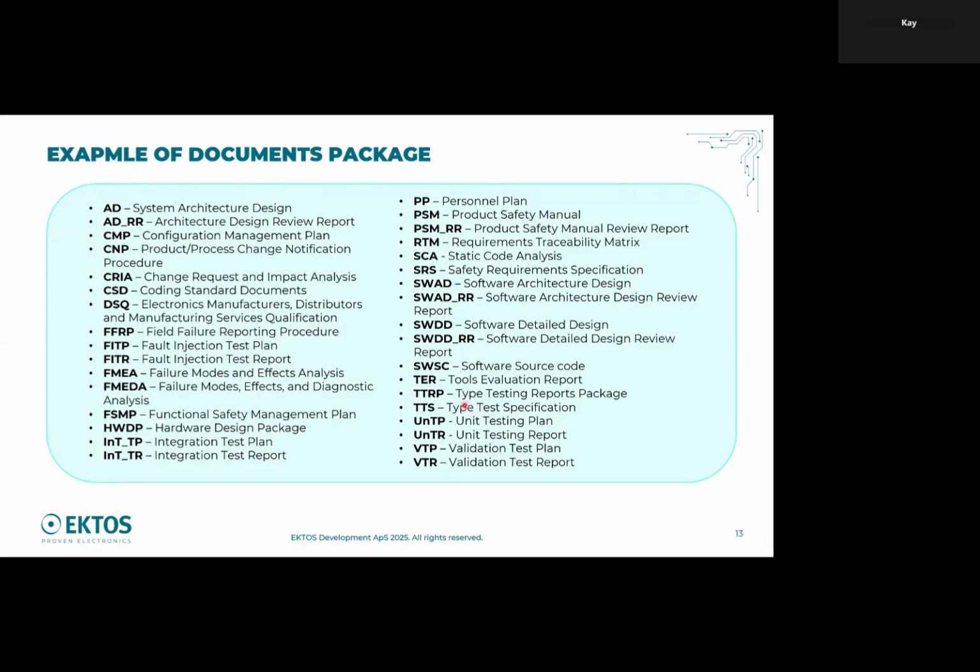It is more than 30 documents, and it can be even more depending on how we calculate them. But this is an example of a documents package which we have to provide for the assessor, or have to create during development of the product.